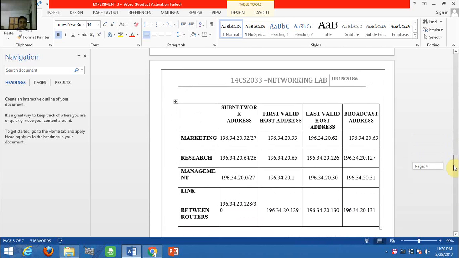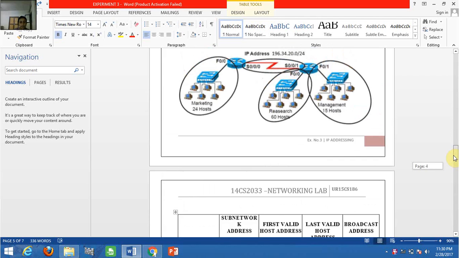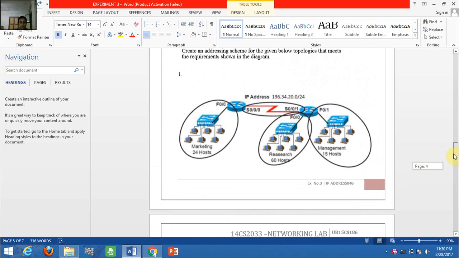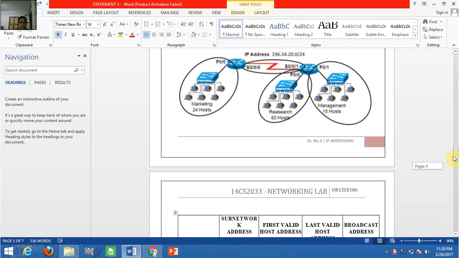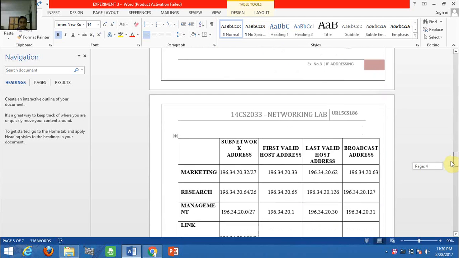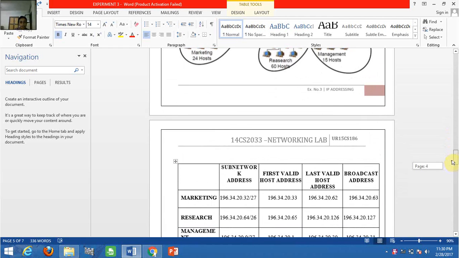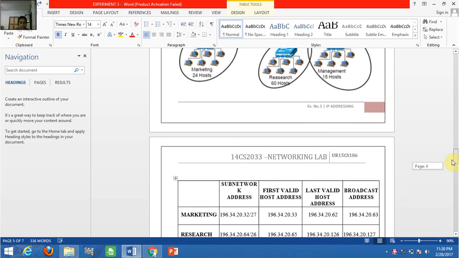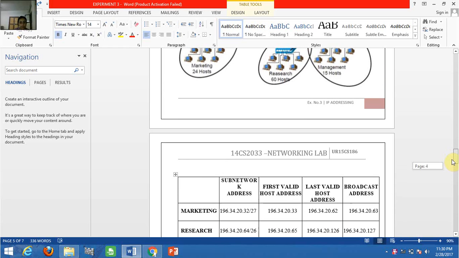So if we give any one of these subnets to these departments, the remaining network addresses would be wasted, and that is why we have to take any one of these subnets, any one of the 4 subnets, and divide it into 2. And once it is divided into two, one of them can be assigned to marketing department and the other can be assigned to the management department.